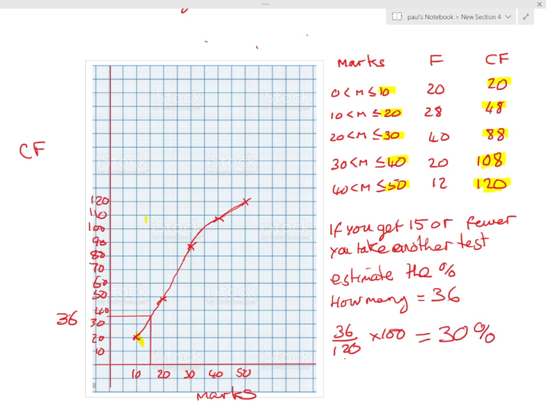So 30% of the students have to take another test. So there is a couple of questions on group data and a couple on discrete data for drawing cumulative frequency graphs.